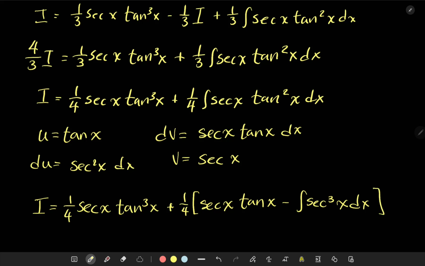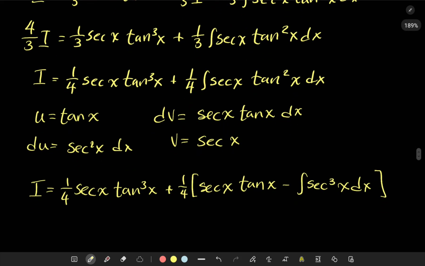All right. Now, we have to play the same game we did before. So let me separate things out. And I'm going to call this integral here I2, if you will.